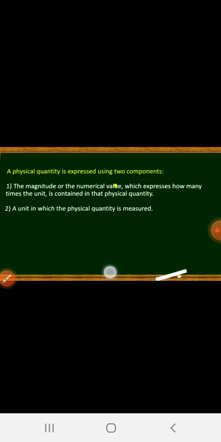So if I take 65 kg, 65 is the numeric value which expresses how many times the unit is contained in that physical quantity. And second, kg is the unit. So a physical quantity is expressed in two components: first the numeric value and second the unit. That is 65 kg: 65 is the numeric value and kg is the unit.